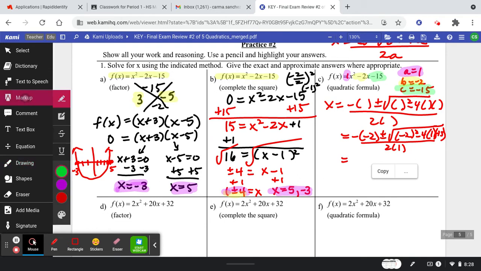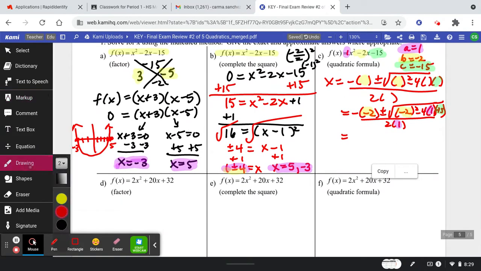So where did these come from in case you need to see? The C value is right here, the -15. The B value is right here, the -2. And the A value is right here, the 1. Plugging in A, B, and C.